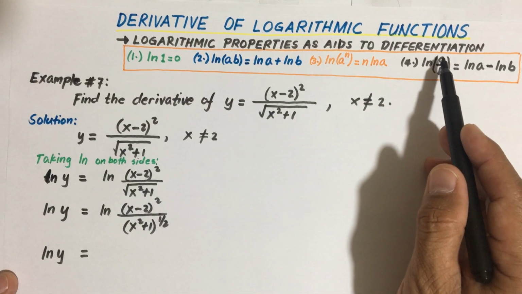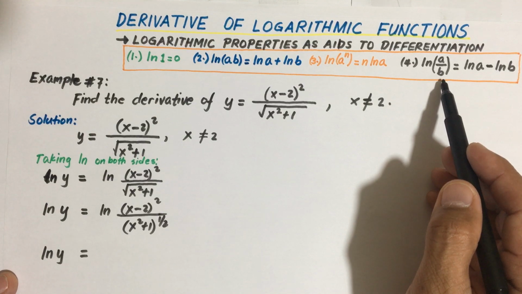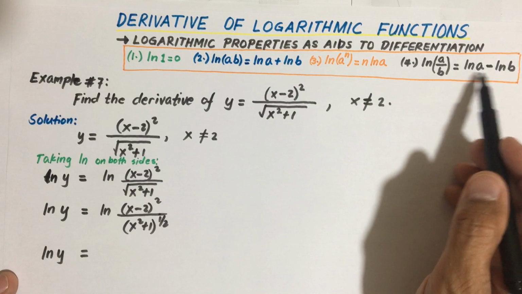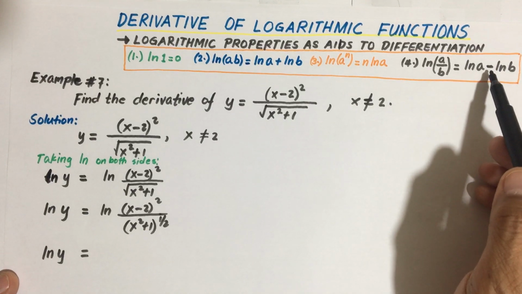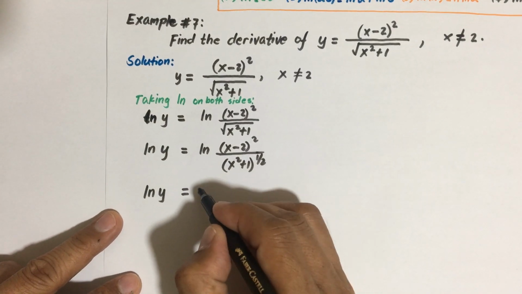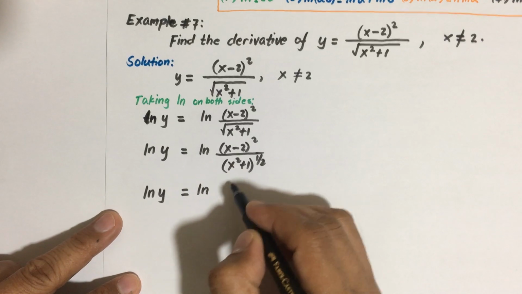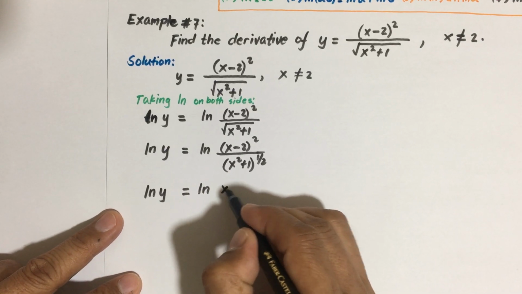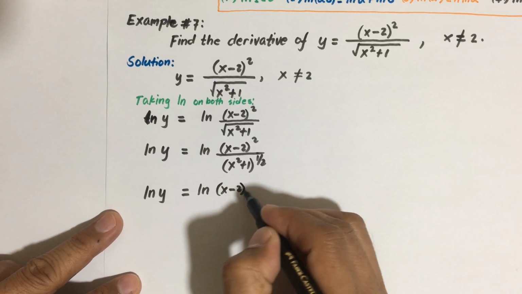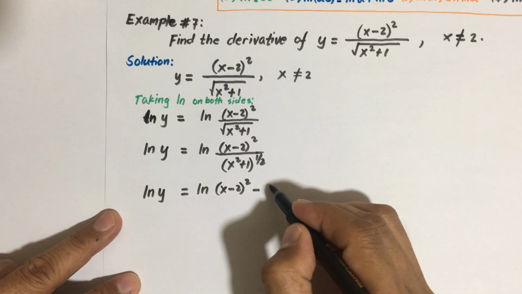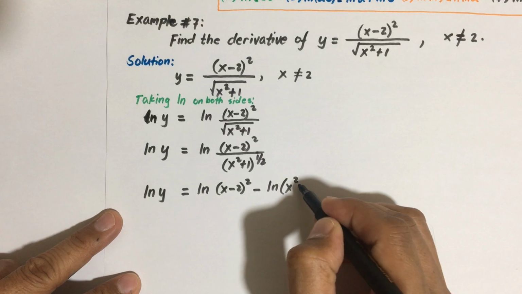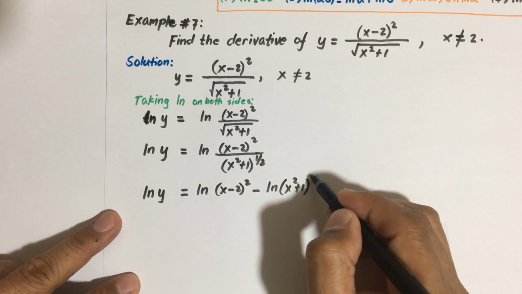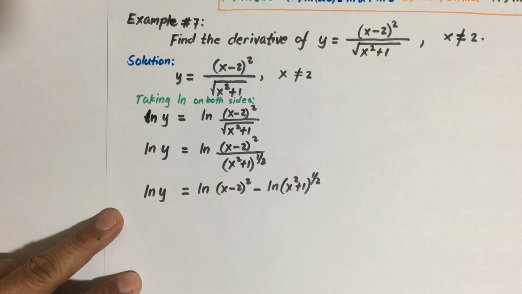So this is ln a over b. Applying the equivalent of this ratio, which is the difference, we can write this as ln of a, where a here is x minus 2 squared, then minus ln of x squared plus 1 raised to the power 1/2.